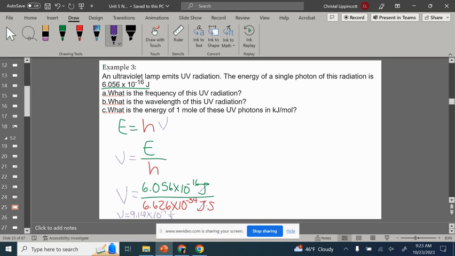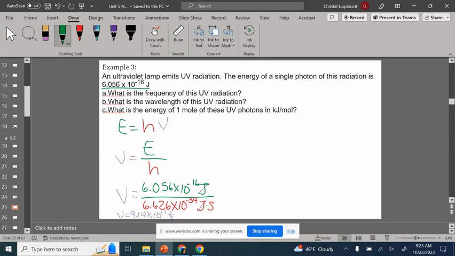All right. Now, the next one, you can choose which way you want to do it. You can either use this equation or this equation. With this one, you'll have fewer things to type in, so that's the one that I'm going to go with. Are you okay if I rearrange this right away? Okay, so I'm going to get wavelength by itself.